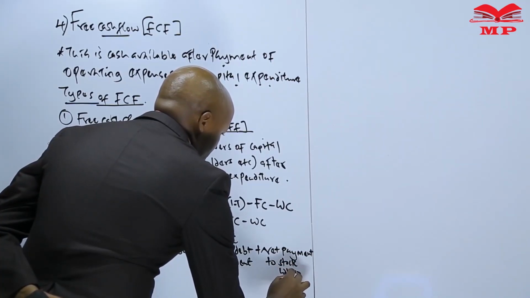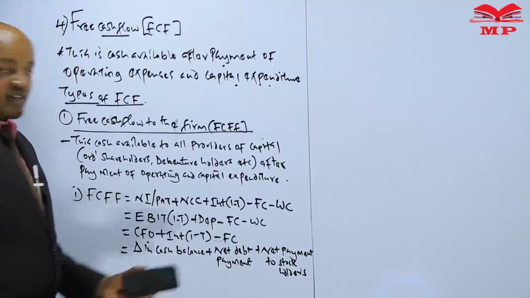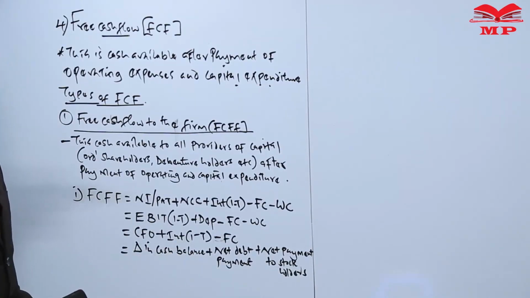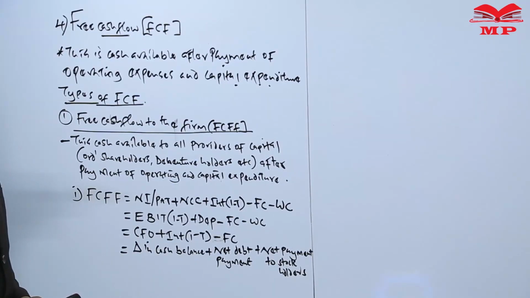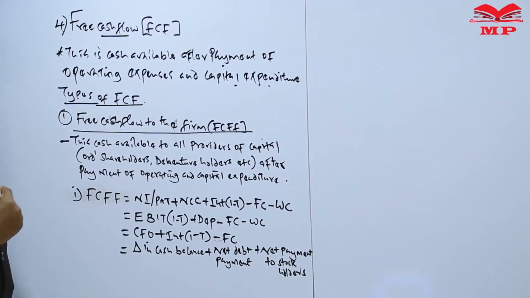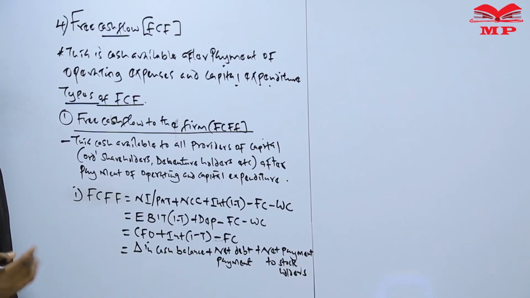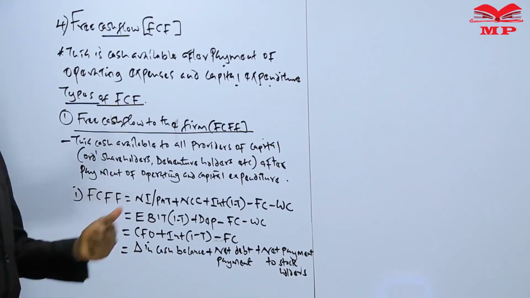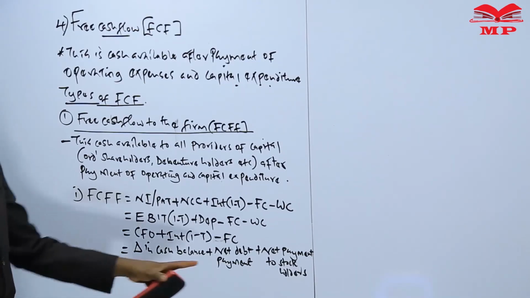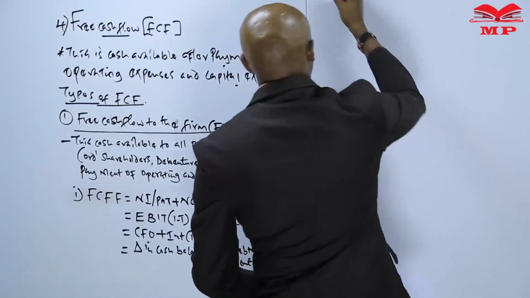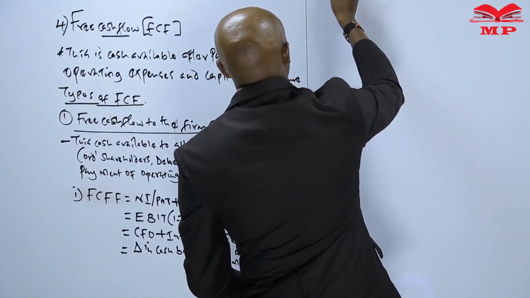Basically, the net payment to stockholders is usually given by the amount of dividends which has been paid, plus the stock repurchase, or basically a share repurchase. Share repurchase is the amount of money spent by the company in buying shares back, and then we less any amount of money raised from the issue of shares.